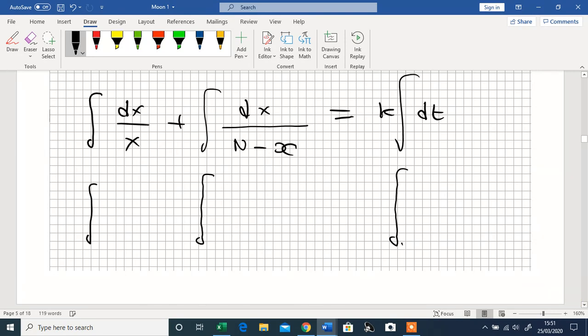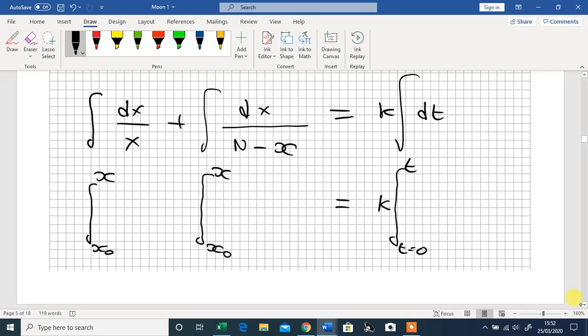Now, at time t equals 0, we've got an initial number of infectives. So this is the number of infectives at time t equals 0, and of course you have to put that there as well. And that goes up to the number of infectives at any time t after the outbreak. So at time t, this is the number of infectives.